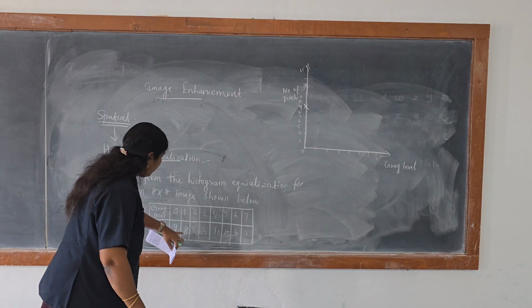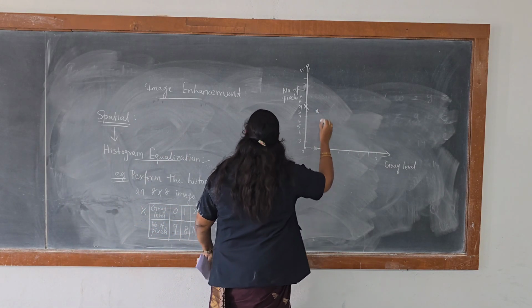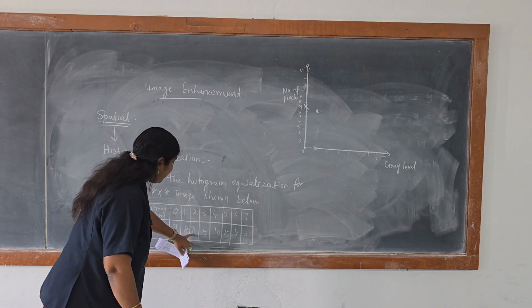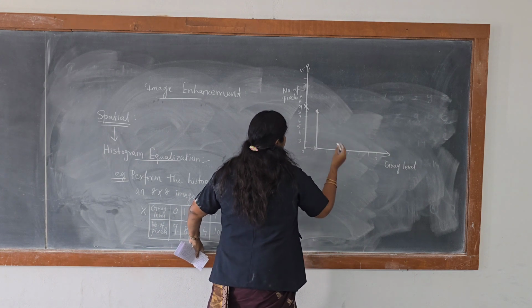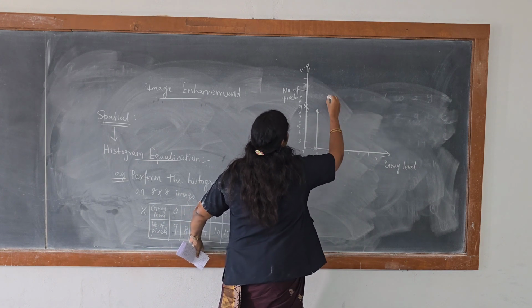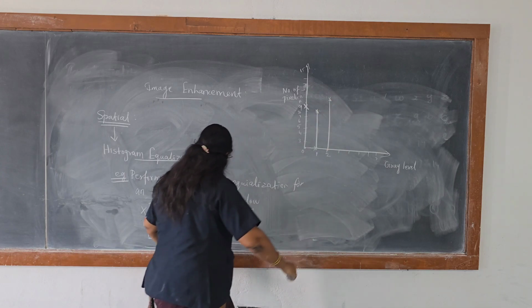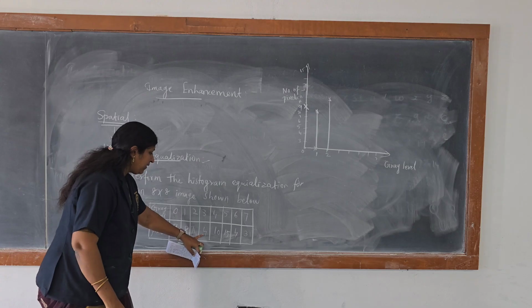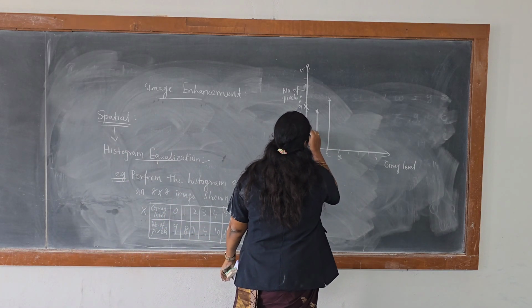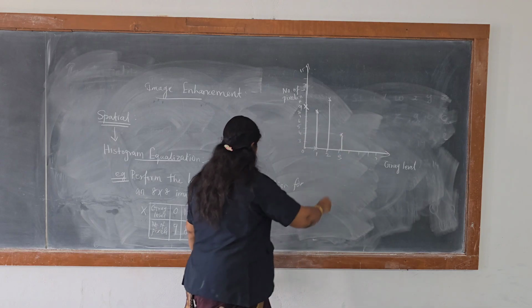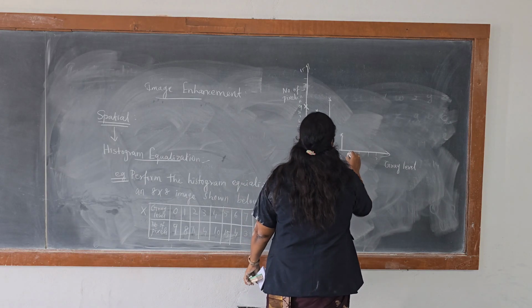For intensity value 1, the number of occurrences is 8, so mark it here. For intensity value 2, the number of occurrences is 11. For intensity value 3, the number of occurrences is 4. Finally, for 4, the number of occurrences is 10.